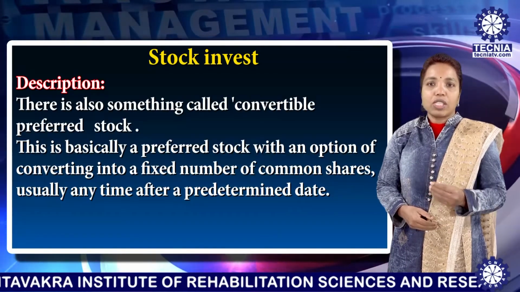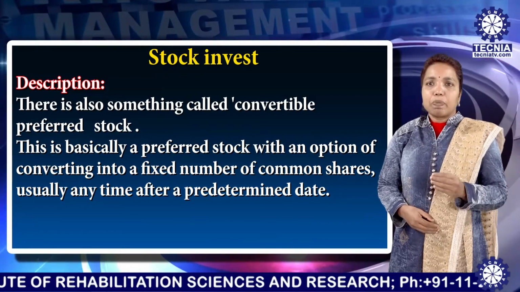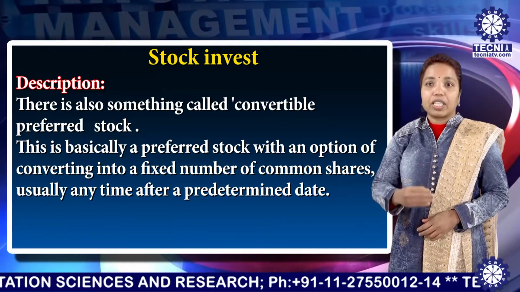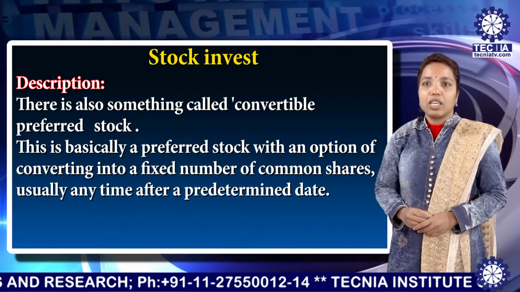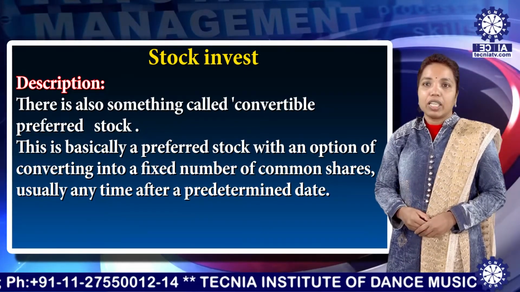There is also something called convertible preferred stock. This is basically a preferred stock with an option of converting into a fixed number of common shares, usually any time after a predetermined date.